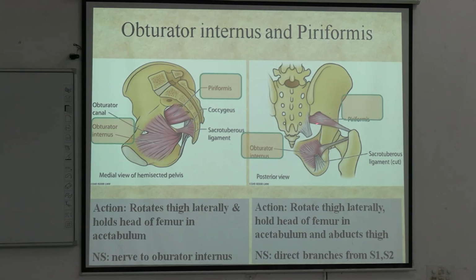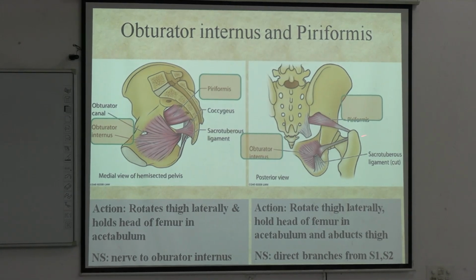Both arise from the lateral wall and the posterior wall and are directed to the greater trochanter of the femur bone. So they are present on the back side of the hip joint, and whenever they contract, they make the hip rotate laterally. They are lateral hip rotators.